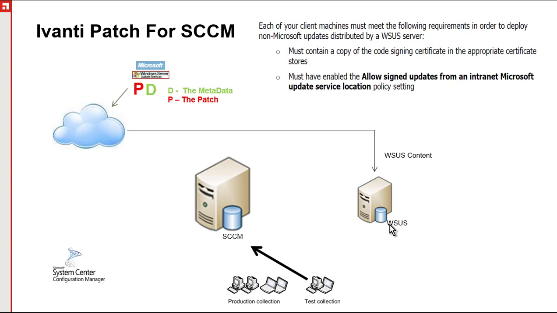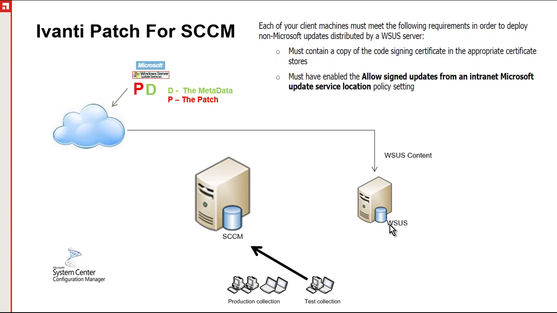It looks to see if it has any update that is necessary for its configuration. So based on my configuration, I see you have a .NET update. I need that update. Then an administrator, through a deployment process, either automatic or manual, will create a deployment and put that onto a distribution point. The information will be copied down into the client, installed, and life is good.